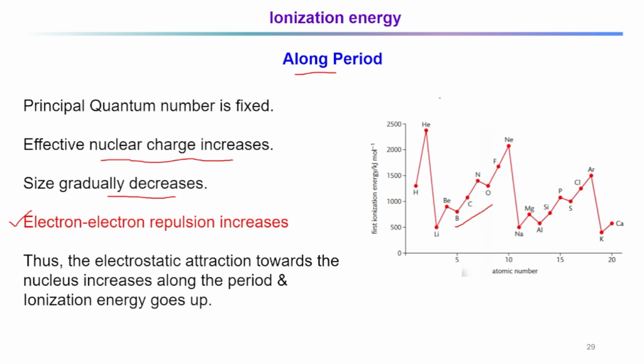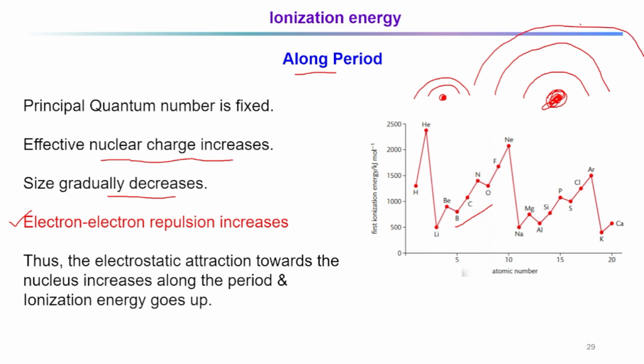Just simply try to understand, if we have a smaller atom, the electrostatic interaction is more, and if we have a bigger atom, the shells are bigger and the valence electrons are also far apart.